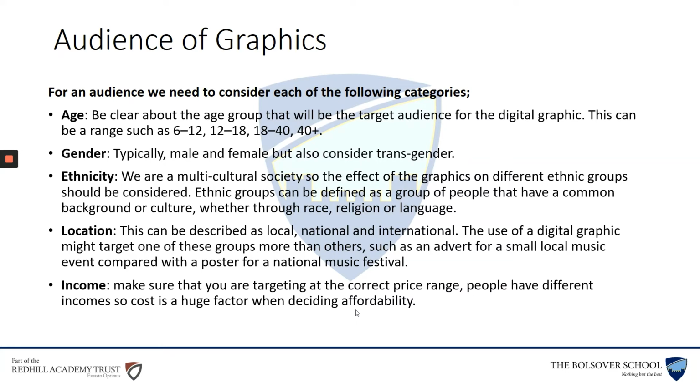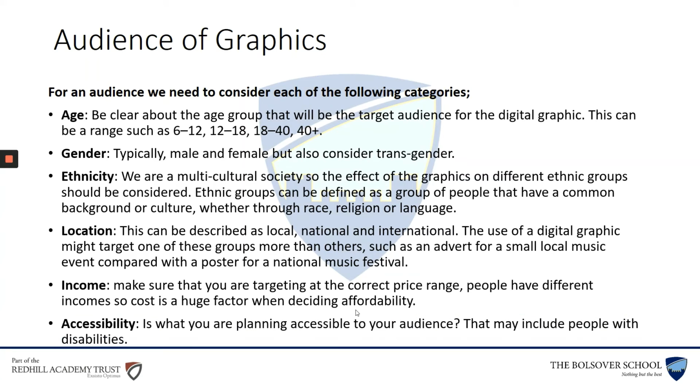So make sure you target the correct price range. People have different incomes, so cost is a huge factor. Some people, money is no object. Other people struggle. So make sure you are familiar with this concept to make sure that your graphic gets to the right audience.